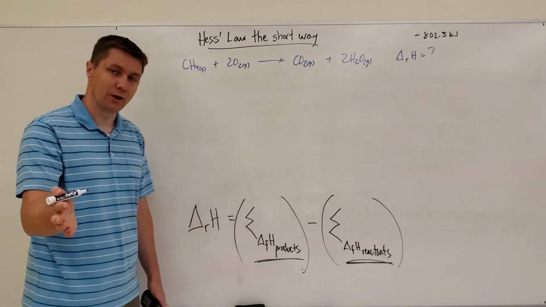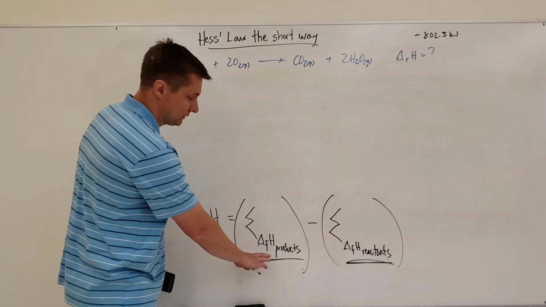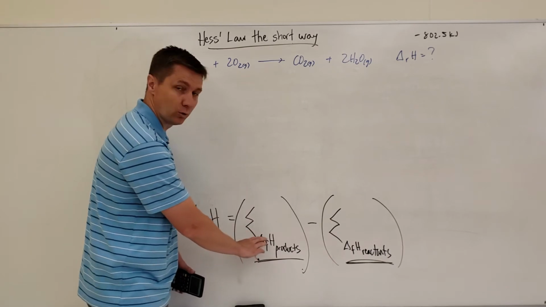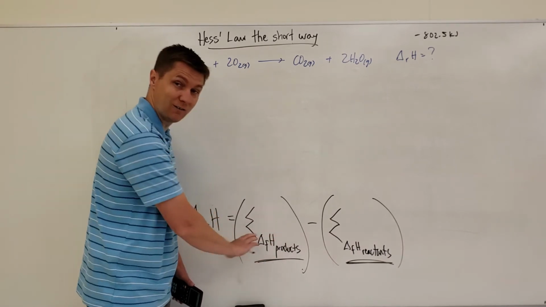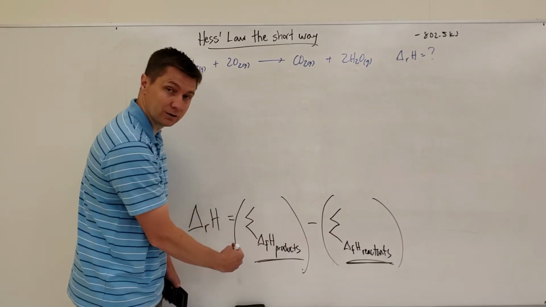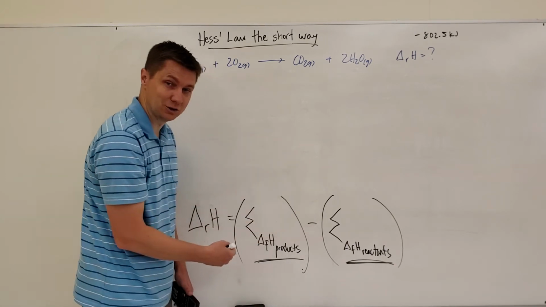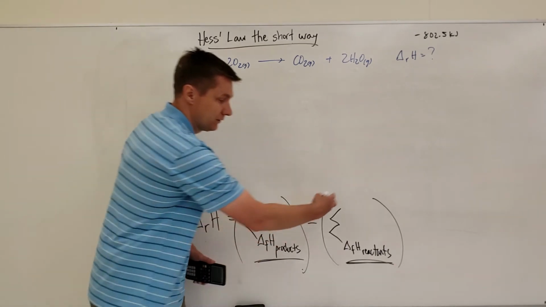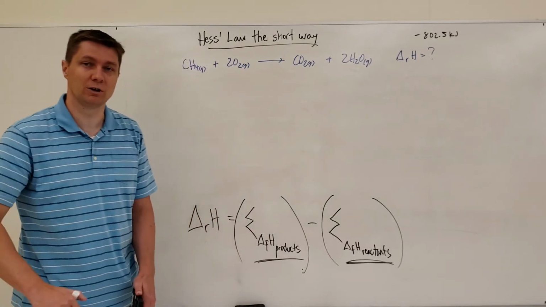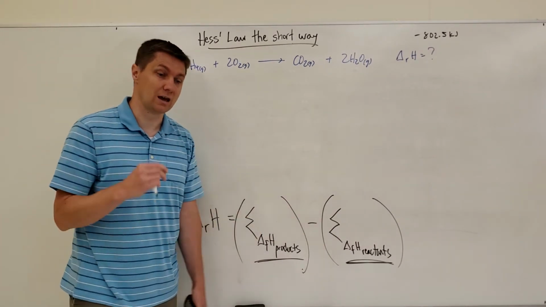All right. The other thing to make sure that you're doing is the sum of the heats of formation of the products first. That goes at the front of the subtraction. And then the sum of the heats of formation of the reactants goes at the end.